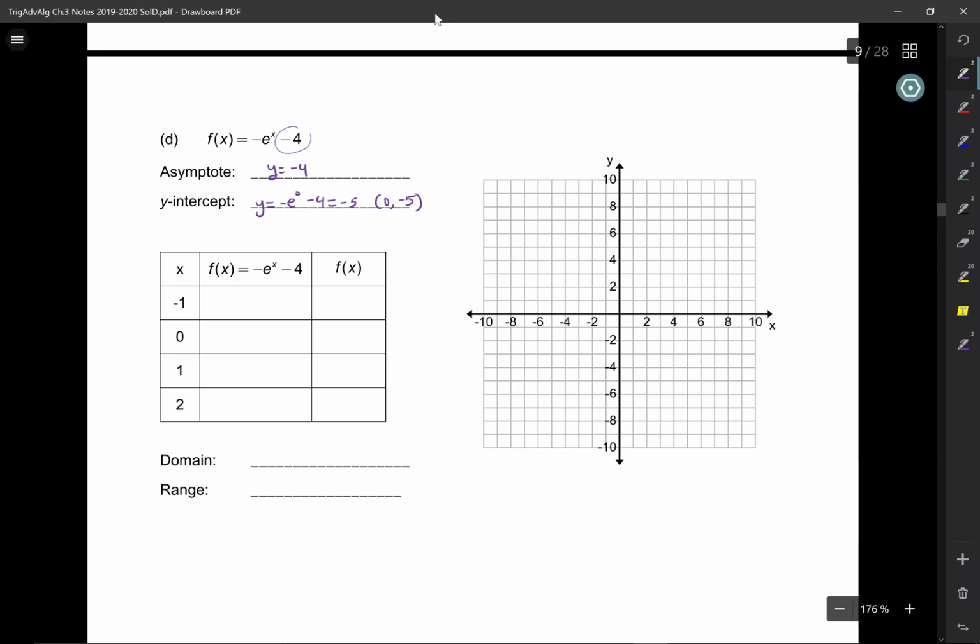Okay, and so let's see here. When x equals negative 1, y is negative e to the negative 1 minus 4. And that's negative 4.4. I've already plugged these into the calculator, but let me show you how to do this one.